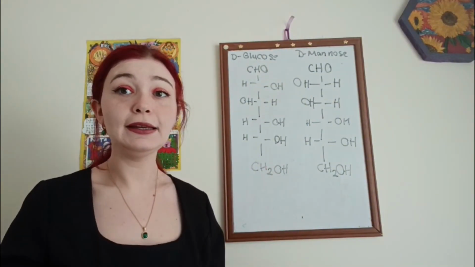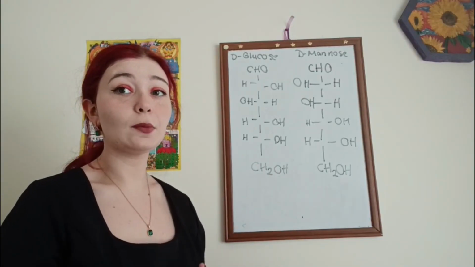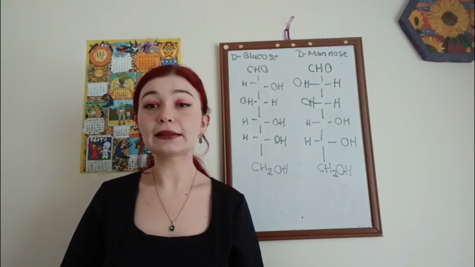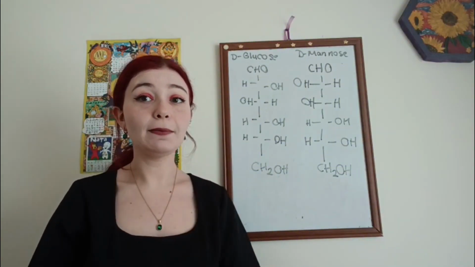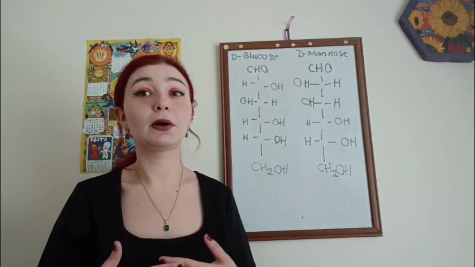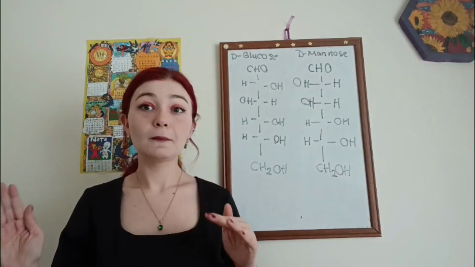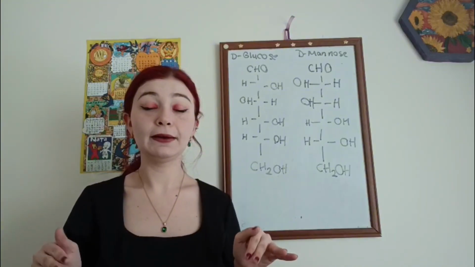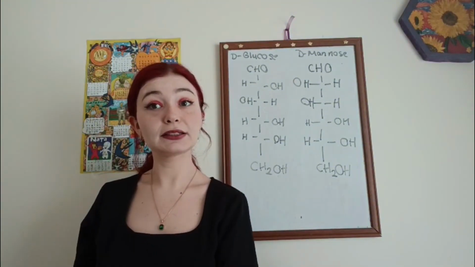D-glucose and D-mannose are epimers of each other at carbon number 2. And when we look at D-glucose and D-galactose, they are epimers at carbon number 4. And one tiny little flip changes its entire biological function.